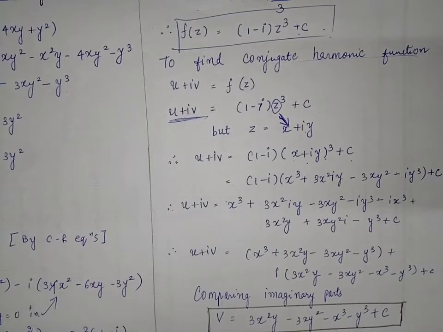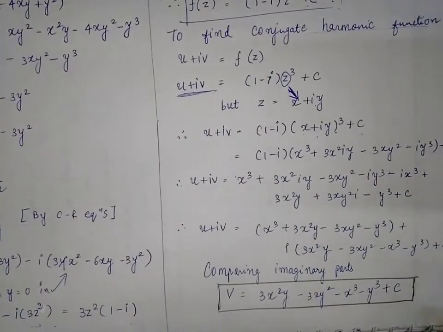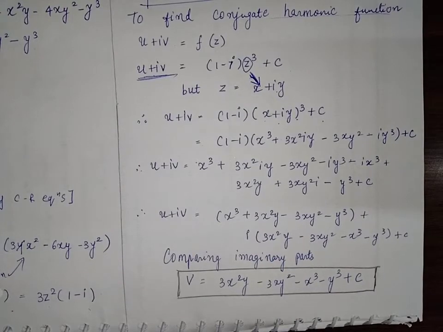Okay, here u is given, so we have to find the imaginary part v, then only we will get the conjugate harmonic function. But instead of u, if v was given here, then you have to find the real part u. If v is given, its conjugate harmonic function will be u, and if u is given, its conjugate harmonic function will be v. So u is given, so the conjugate harmonic function will be v, and v is the imaginary part, so we have to write the imaginary part. So we will get the answer.